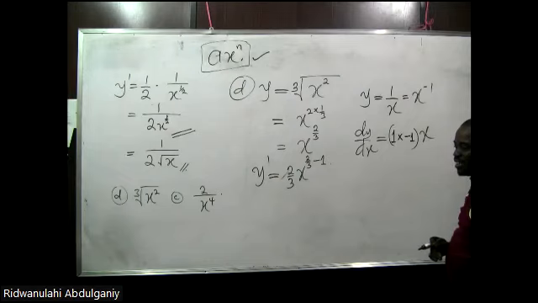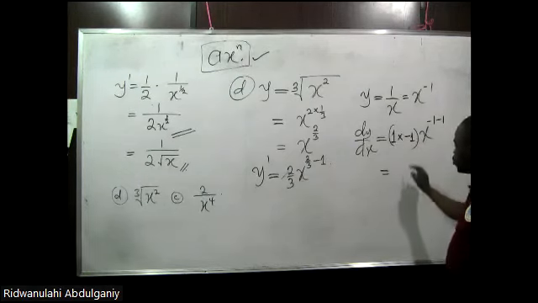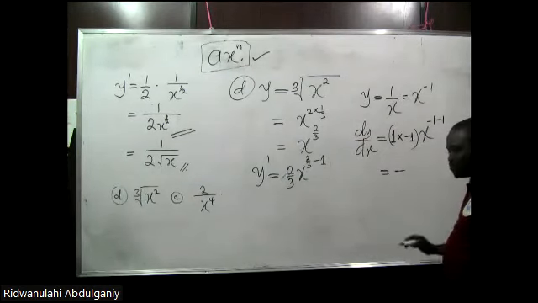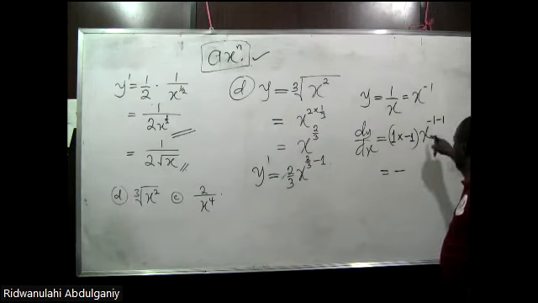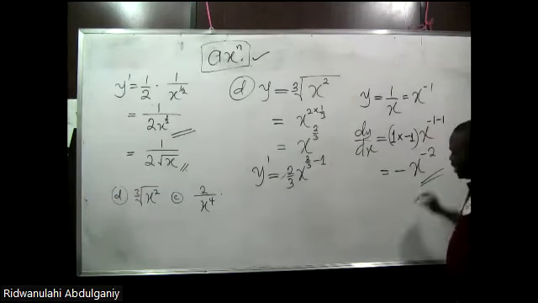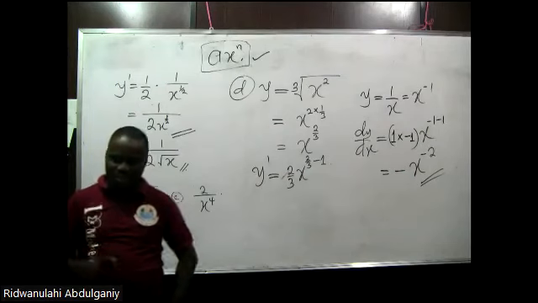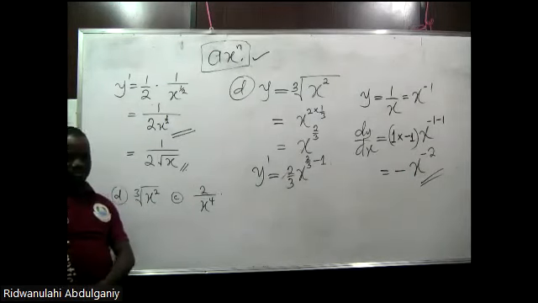Check the formula. The power is minus 1, so it's going to be minus 1 minus 1. 1 times minus 1 is minus 1, then x raised to power minus 2. That's what happened in alphabet B. Do you get it now? Yes, sir.